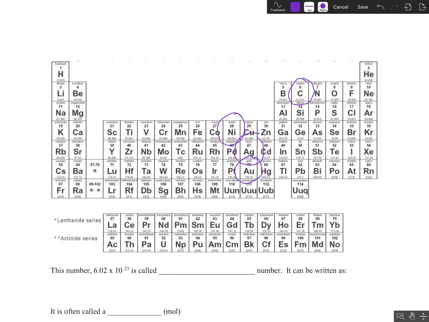For gold, it's 196.97. Well, we can say 197.0. For silver, it's 107.87, 107.9. For carbon, 12.01, and for nickel, 58.693, but we can say 58.7. These numbers here are called the atomic mass.